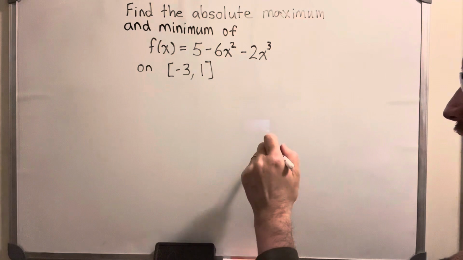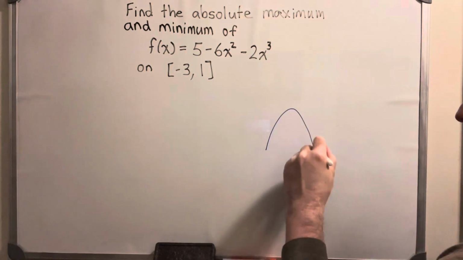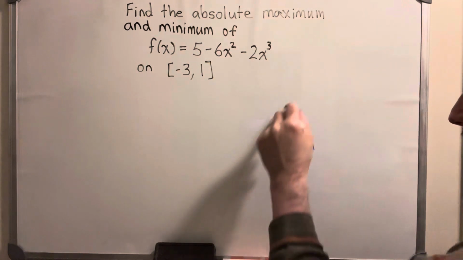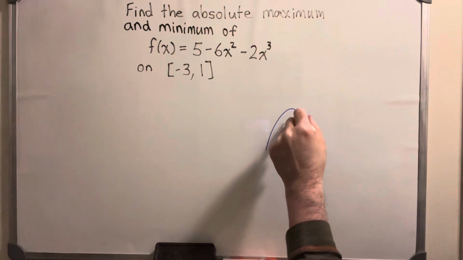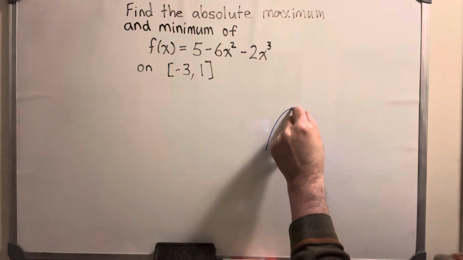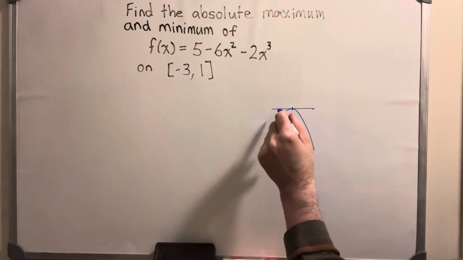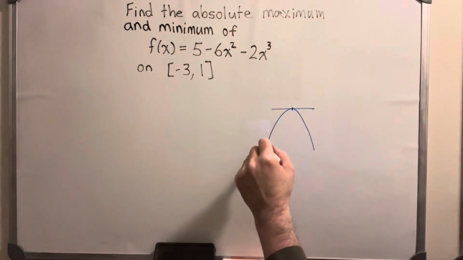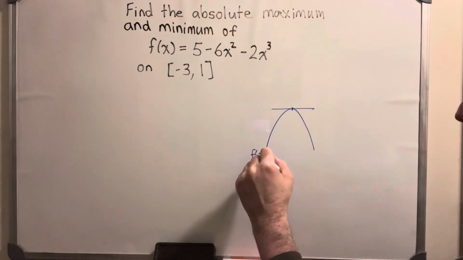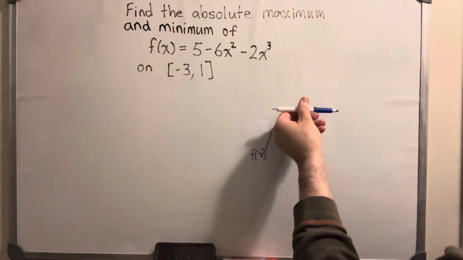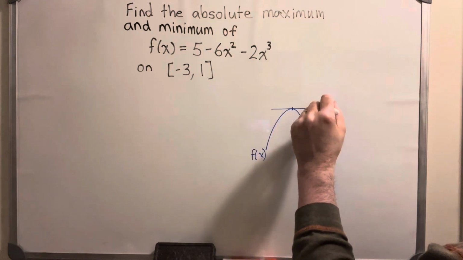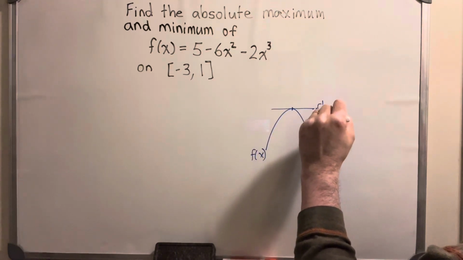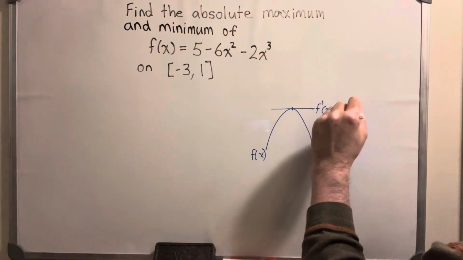How about this? Let's say this was a maximum, because it is in this neighborhood. What is the slope right at the top? It's 0, right? Let's say this is f of x. So we can tell at a maximum, f prime of x is going to equal 0.